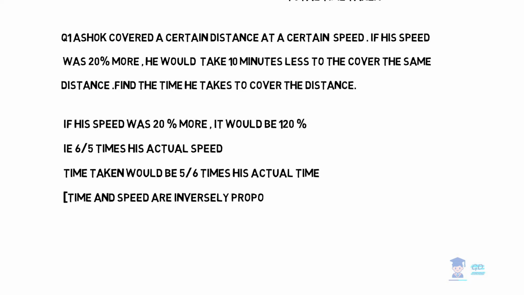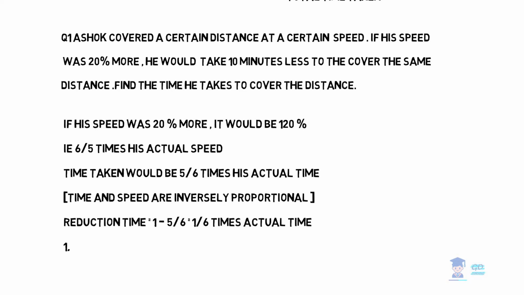Since the speed is 6 by 5 times, the time is inversely proportional, as we all know. So that would be 5 by 6 times his actual time. The reduction in time is 1, the actual time, minus 5 by 6, the time he would take going at 20% more speed.